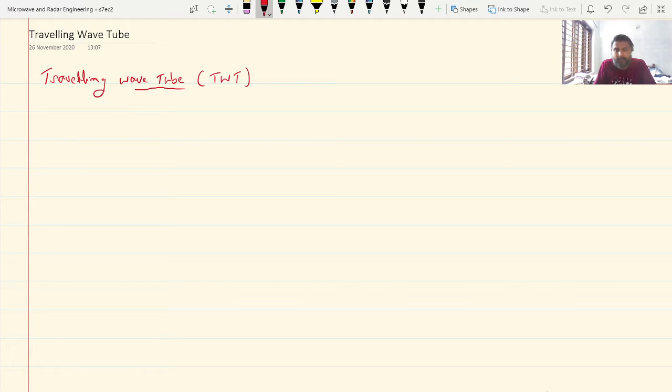In general we can call this traveling wave tube TWTA, traveling wave tube amplifier.